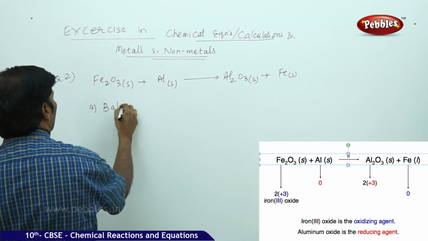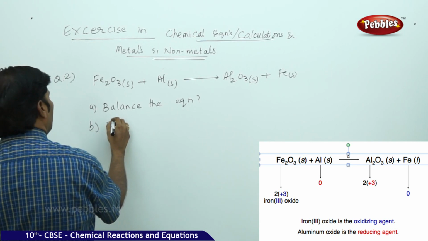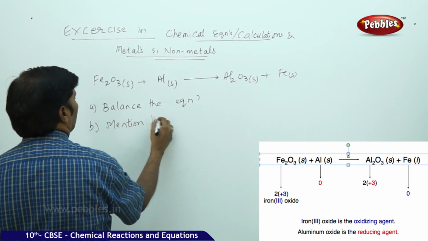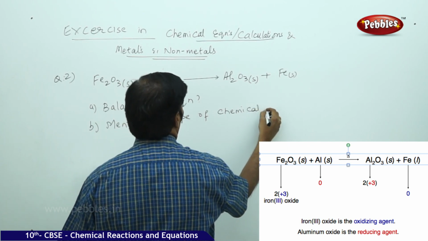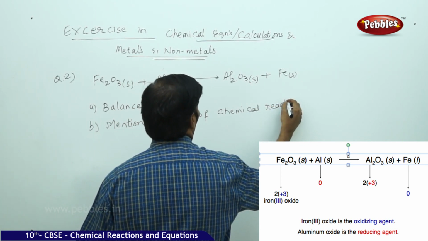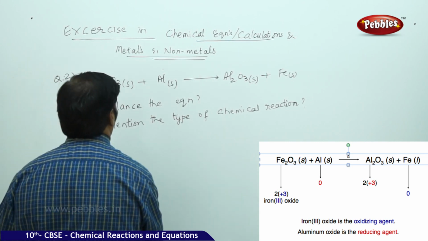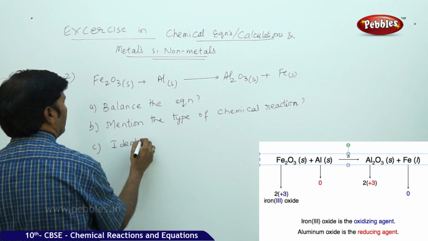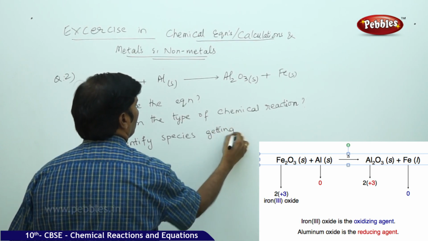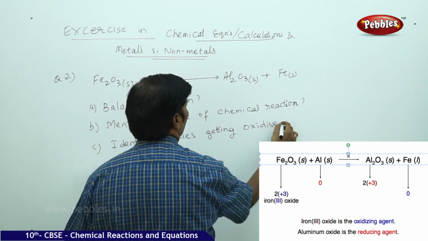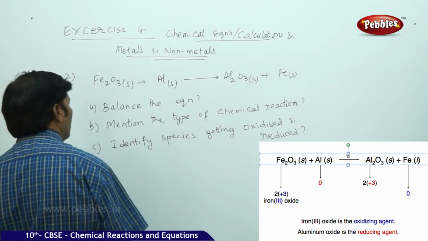First one, balance the equation, mention the type of reaction, and identify species getting oxidized and reduced is the question.